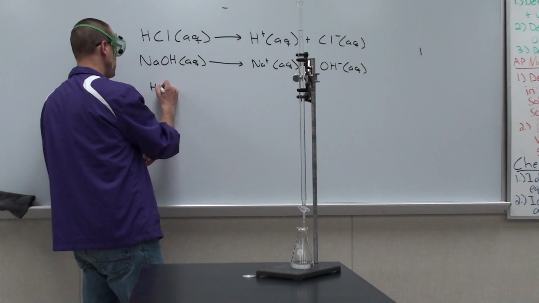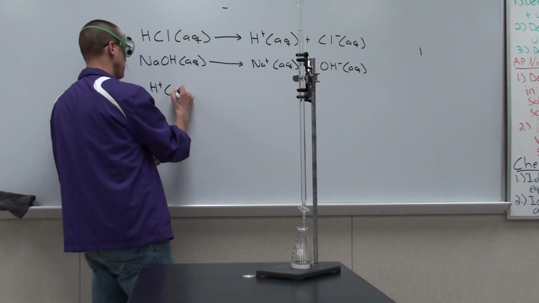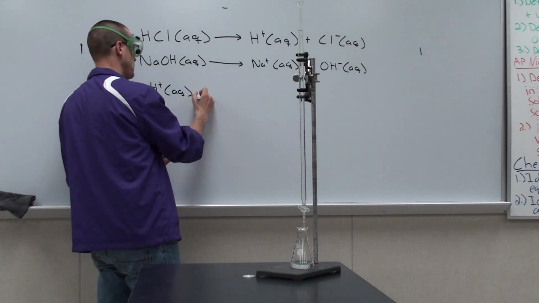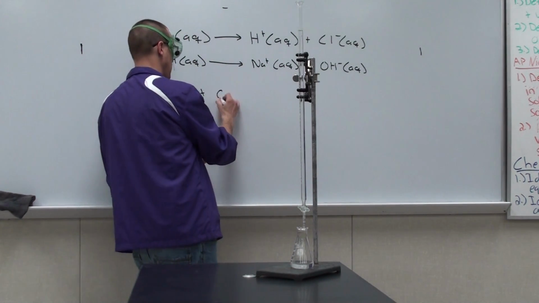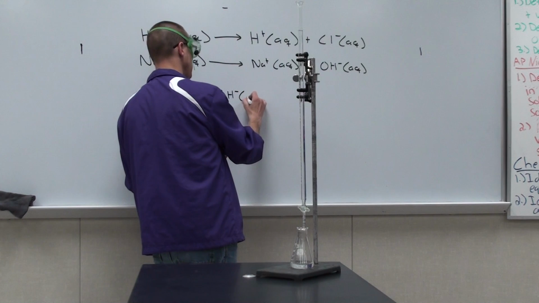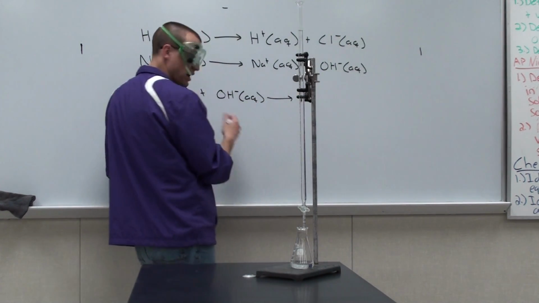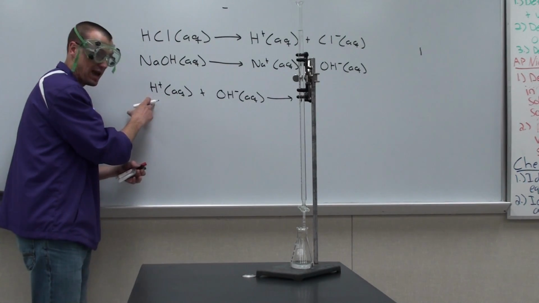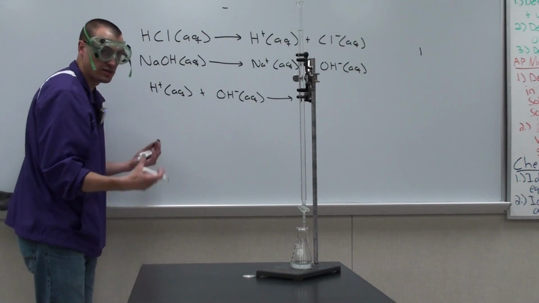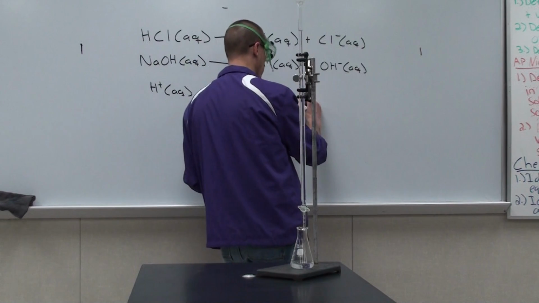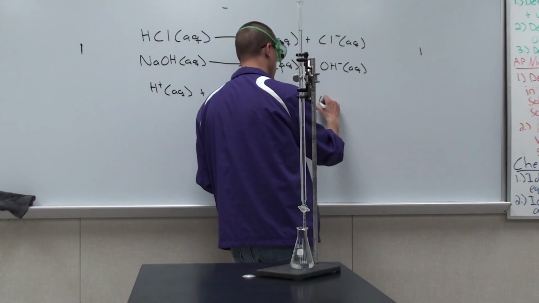We have the H+ ions from that hydrochloric acid reacting with those OH- ions, and what happens, because we're titrating a strong acid with a strong base, is that these come together and they form liquid water.